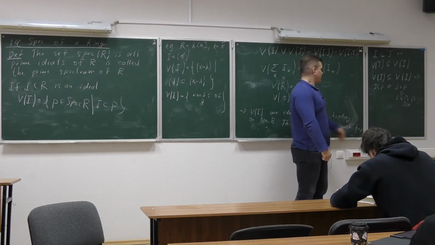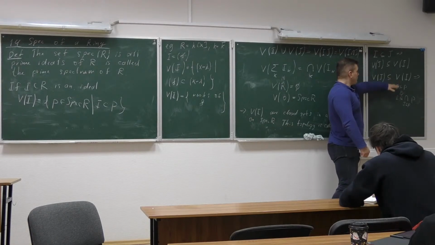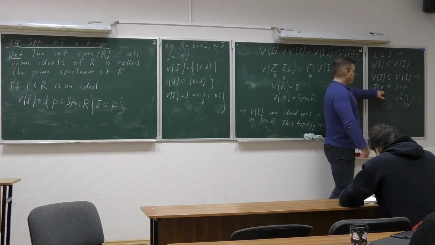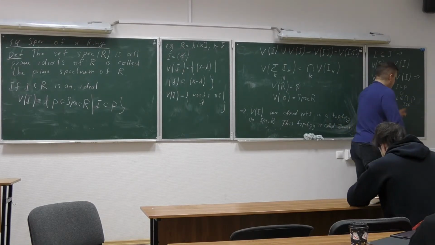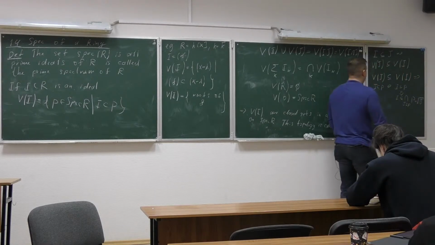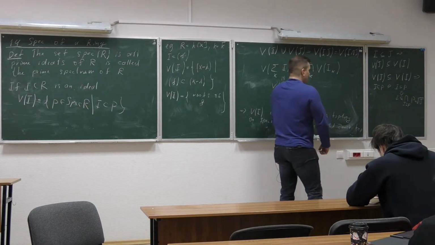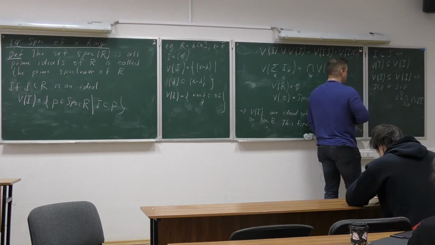This is just an equivalent way to say it, and because it's true for any prime ideal, I can take the intersection. This is still true, but now we can see that this is the radical. This is exactly the radical of the ideal J. So inclusion of the V's gives me just the inclusion of the ideal I in the radical of the ideal J.